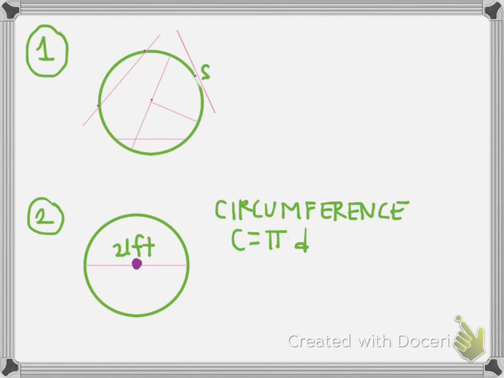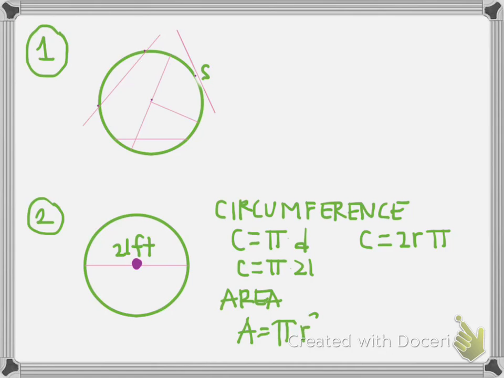Okay, or it could be what? 2 radius pi. So if I wanted to find the circumference here, this is the diameter, so pi times 21. Okay, if I wanted to find the area here, the area is pi r squared no matter what.